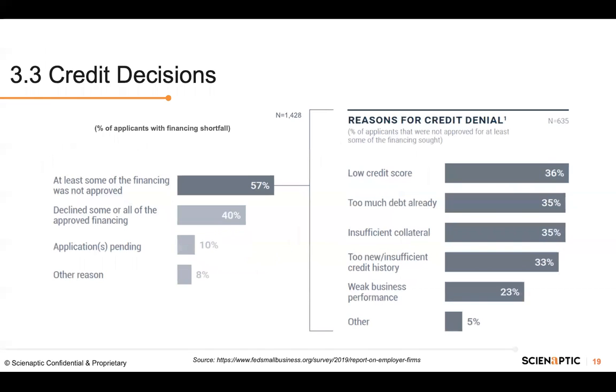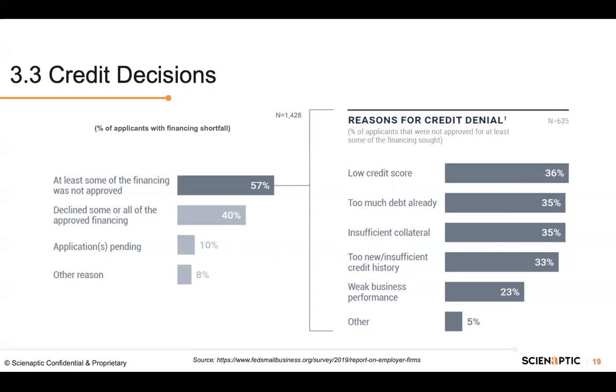Moving to the critical dimension of the credit decision, and this again is from the survey report on employer firms out of 2019. On the left side, as I highlighted before, at least 57% of the applicants feel that some of the financing was not approved.